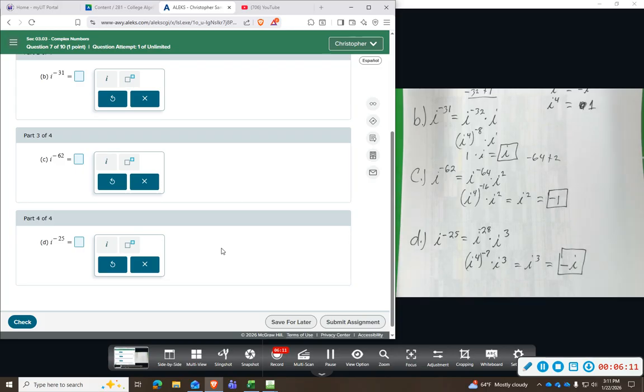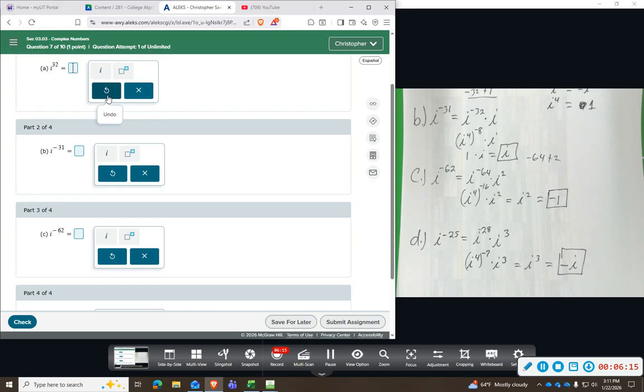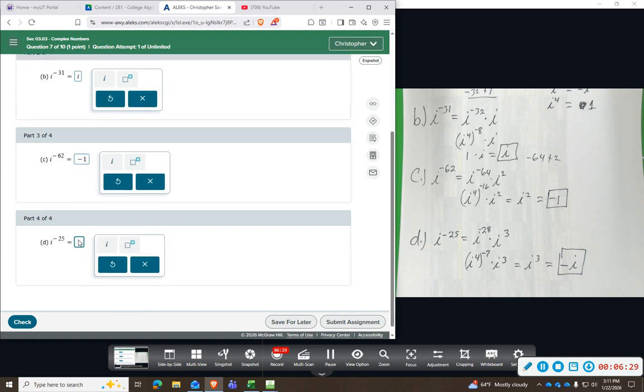Okay, so we get our 4 answers, and we'll input those. The first one, we had 1. The second problem, we got i. The third part, we got negative 1. And the fourth one, we got negative i.